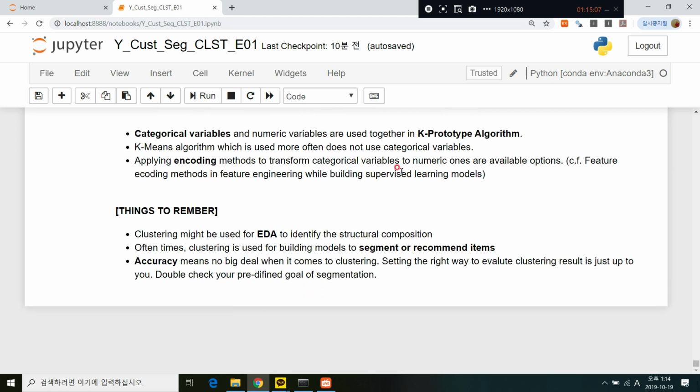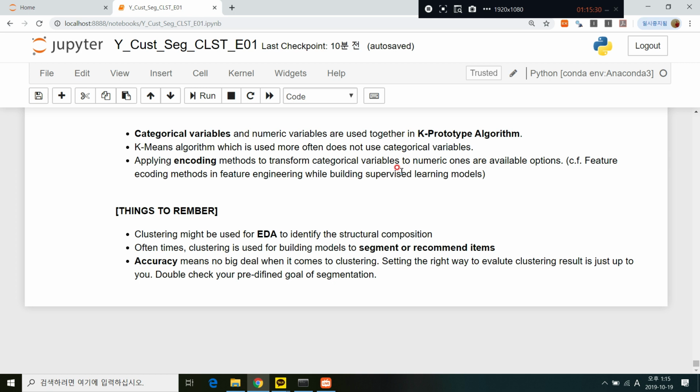Okay, the final words: clustering might be used for EDA to identify the structural composition. And oftentimes, clustering is used for building models to segment. The main topic of this tutorial is the segmentation of the customer base.